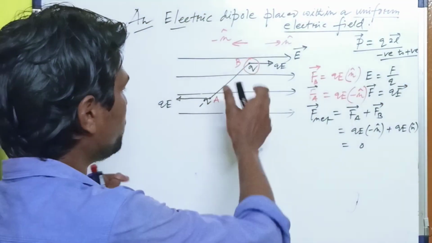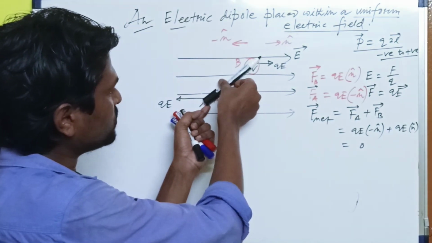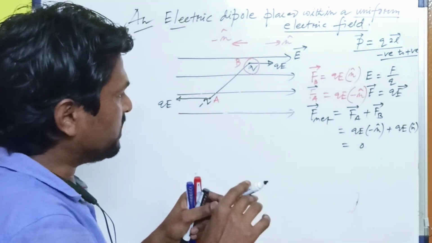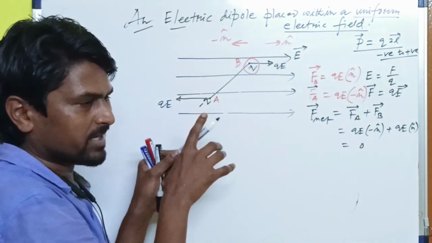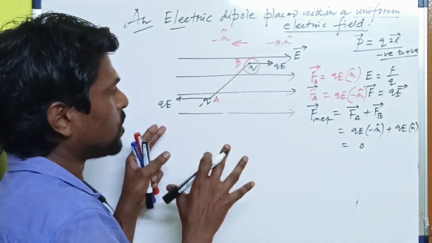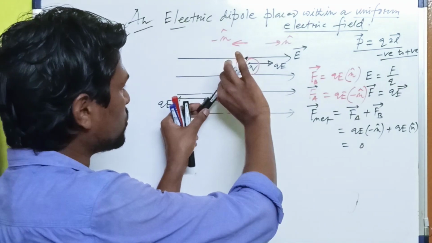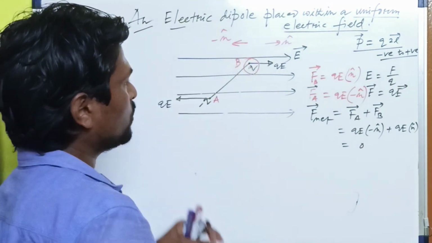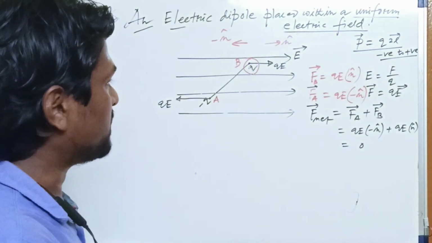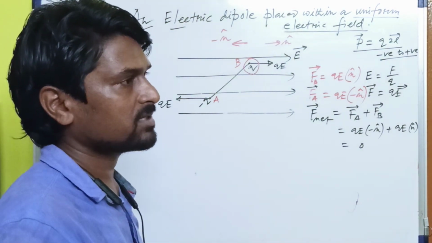But if we place this one along this direction and apply a force along this direction and along this direction, then it rotates. So in that particular case, the net force is 0, but still a torque acts, because equal and opposite forces can create a torque, and that particular dipole turns along a particular direction, because we know that torque is the turning effect actually.